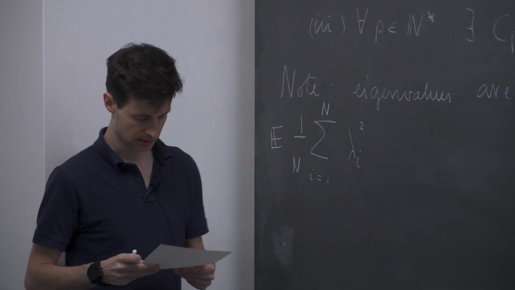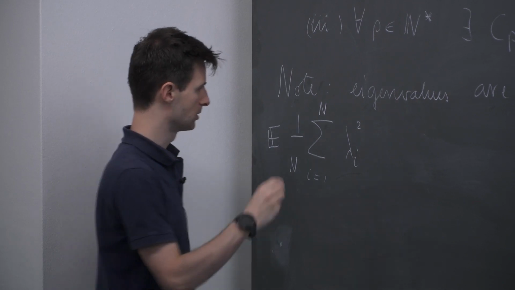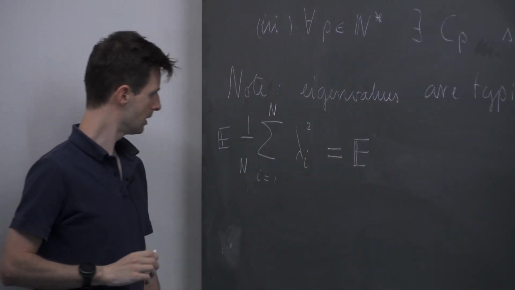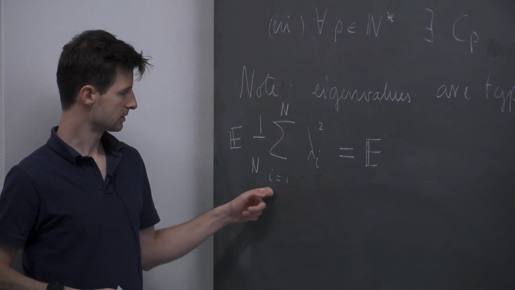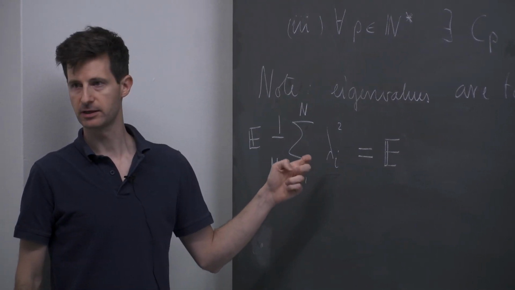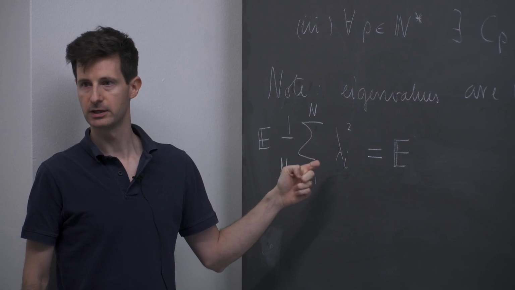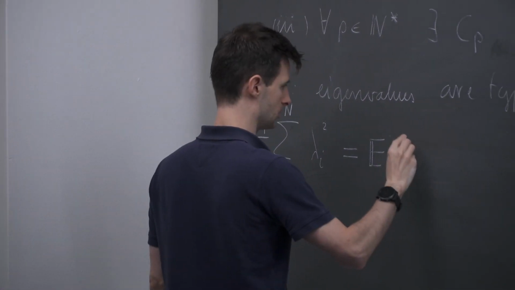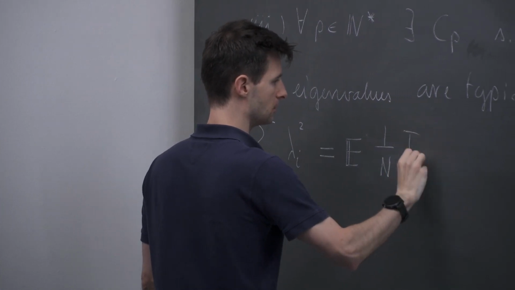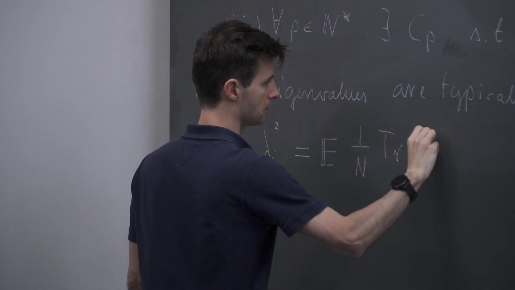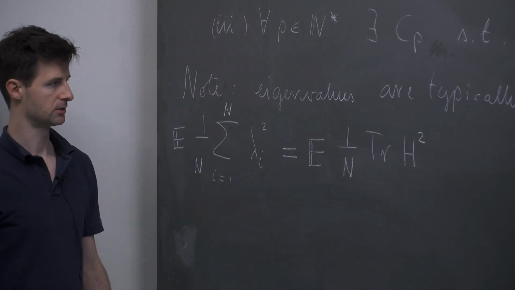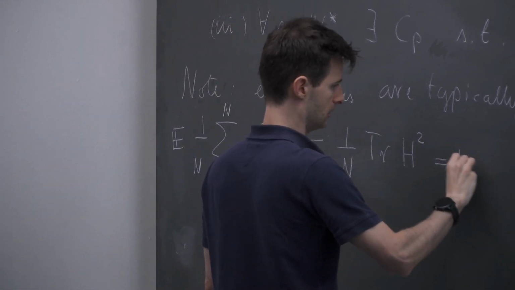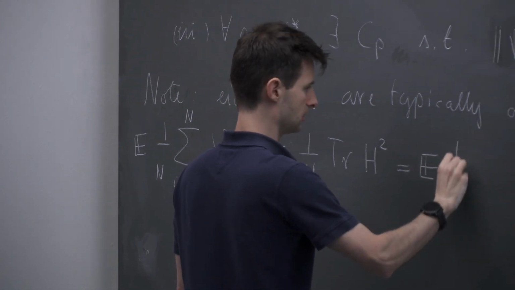This is an object that is very easy to compute by the following observation: the sum of the squares of the eigenvalues is nothing but the trace of H squared. If you just go to the eigenbasis of H, this is the trace of H squared, and you can write this in terms of the entries.